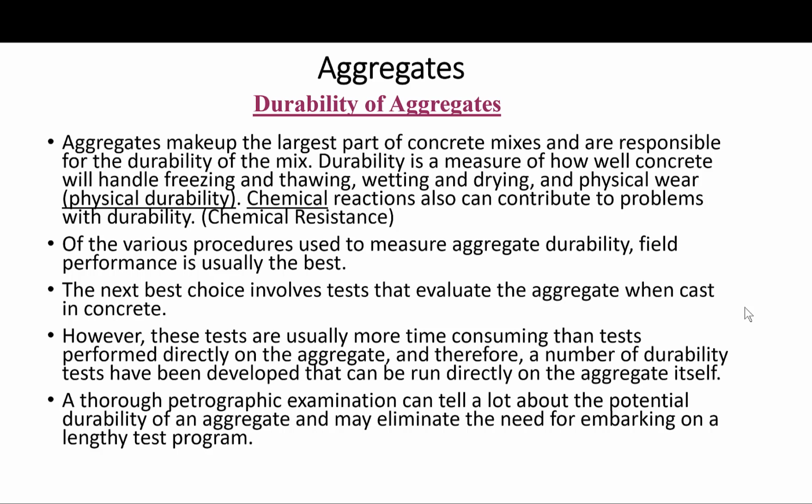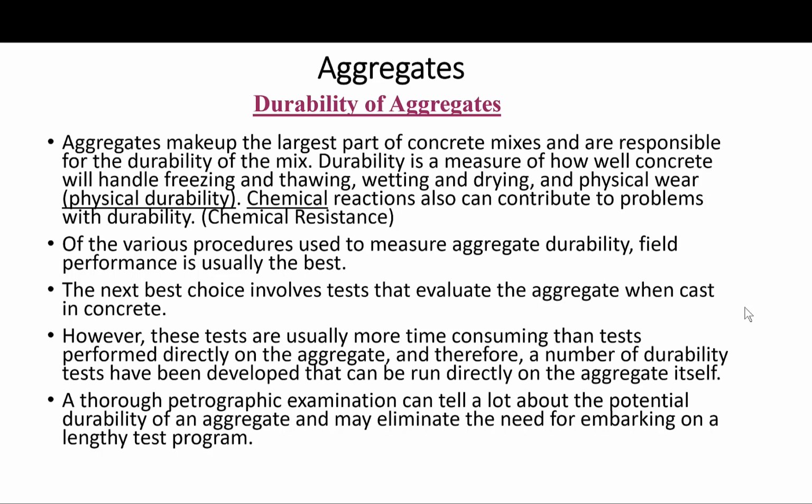The second approach is especially important where deposits of high quality aggregates have been worked out and more marginal material has been brought into use, again because of the scarcity of good aggregates. So the lack of aggregate durability can be conveniently divided into physical and chemical causes.